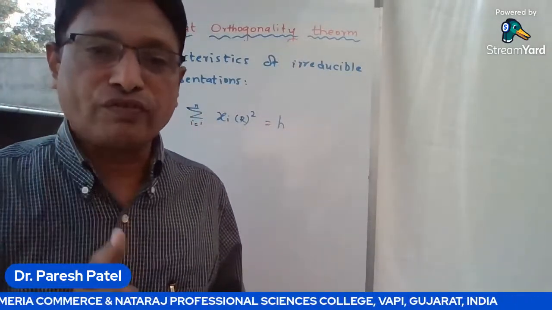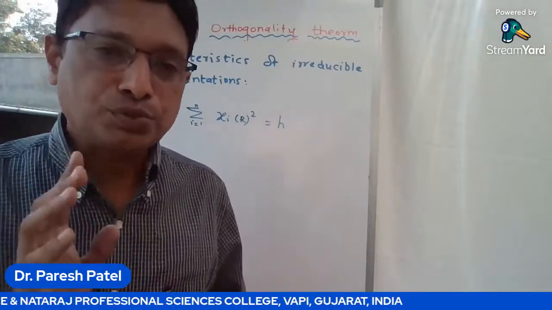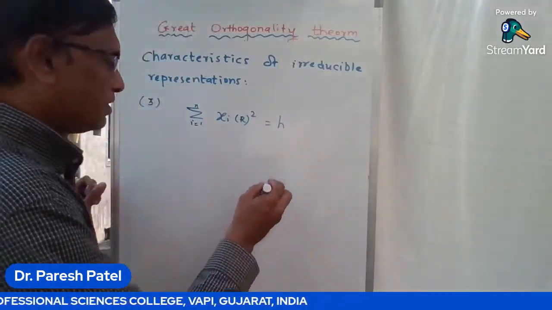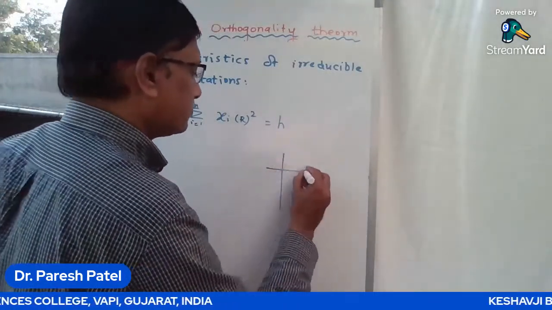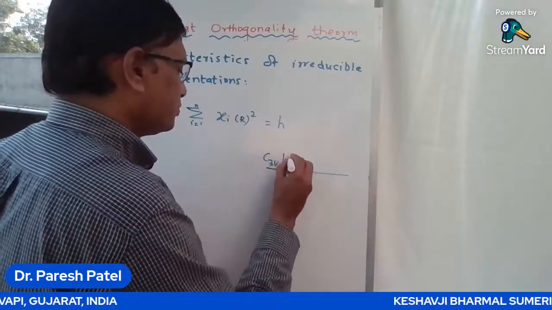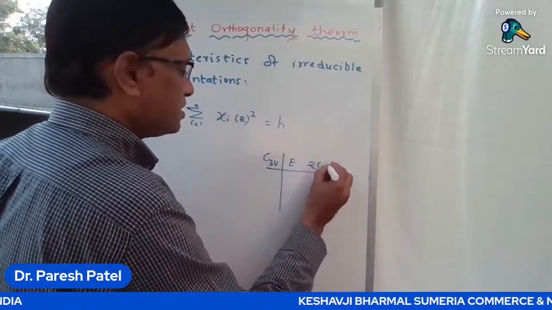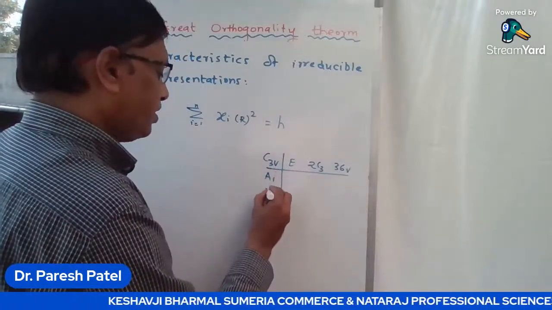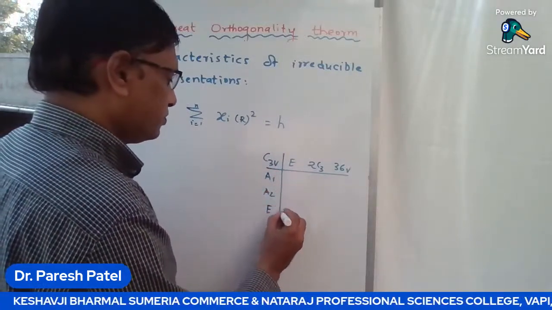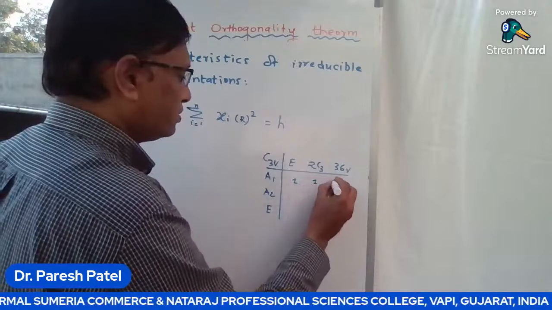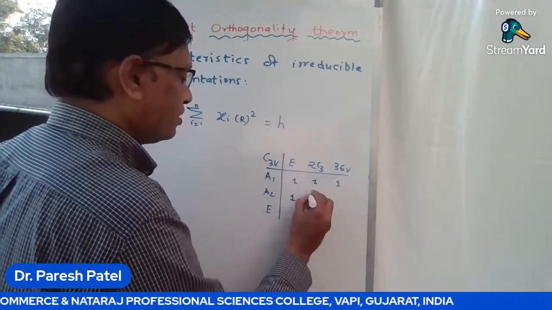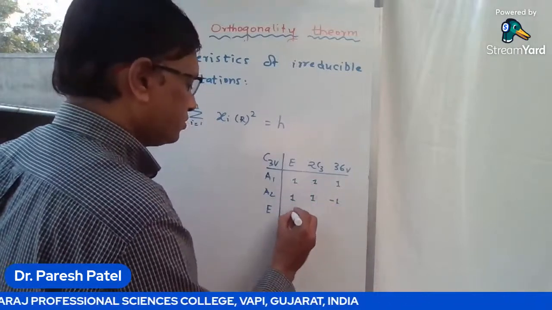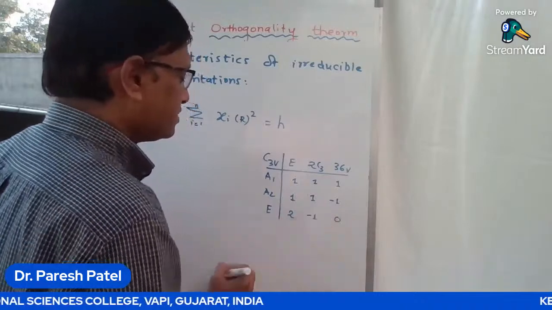The sum of the square of the character is equal to the order of a group. As an example, the C3v point group, E, 2C3, 3 sigma v, A1, A2 and E: 1, 1, 1; 1, 1, minus 1; 2, minus 1 and 0.